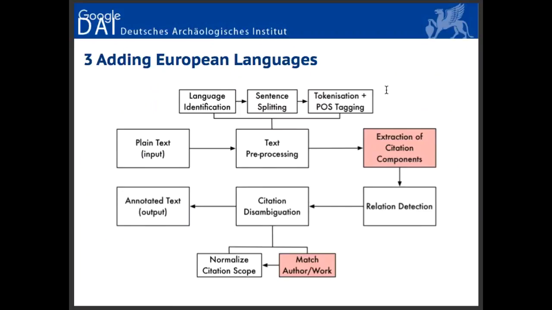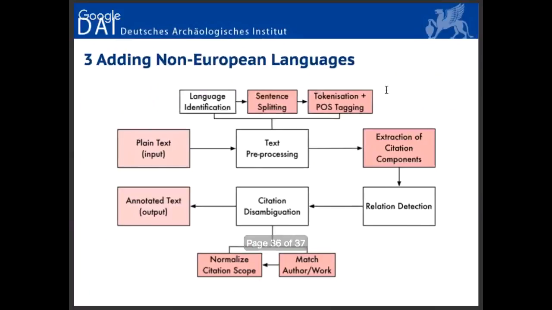So that's quite doable. If you want to extend this to non-European languages, like let's say I want to extract canonical references from text written in Arabic or Japanese, things are doable, but become more difficult. You need to deal with different sentence splitting, tokenization and part-of-speech tagging in other languages.